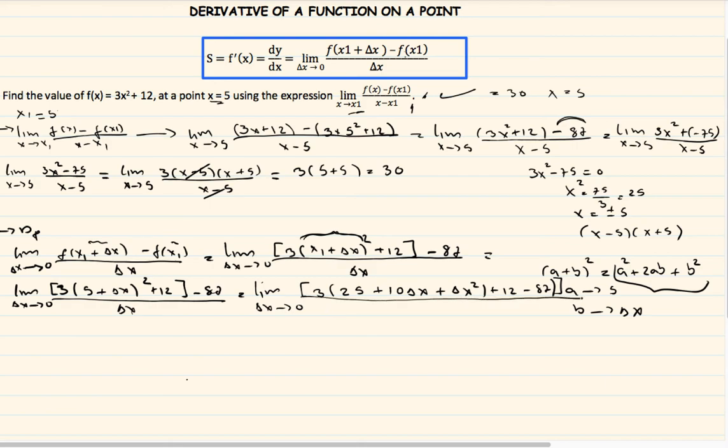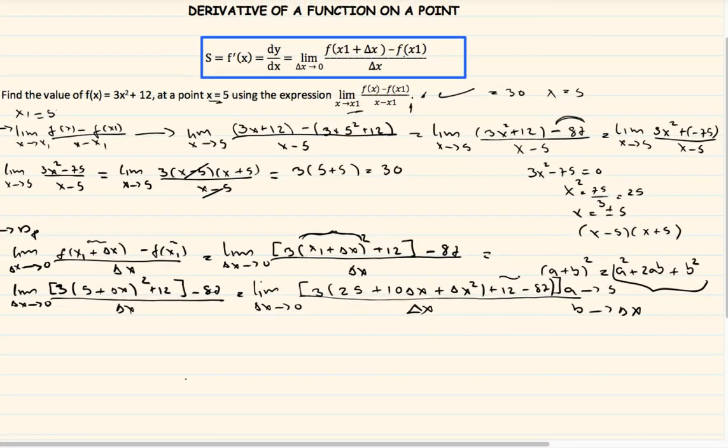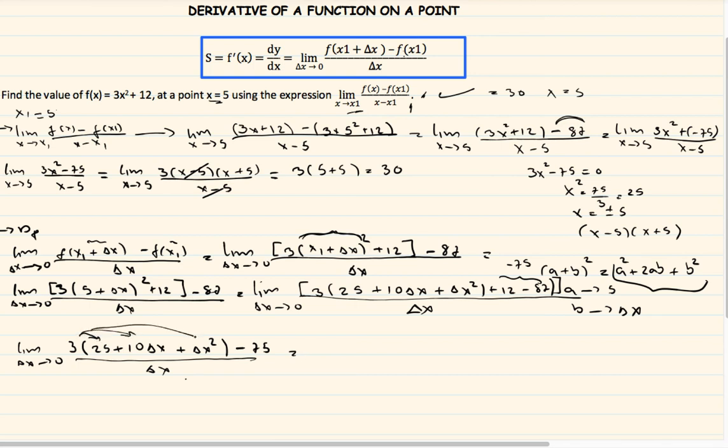divided by delta x. We saw from the previous case that 12 minus 87 was equal to minus 75, so we have the limit as delta x tends to 0 of 3 into 25 plus 10 delta x plus delta x squared, minus 75, divided by delta x. Now we multiply this 3 with each term.